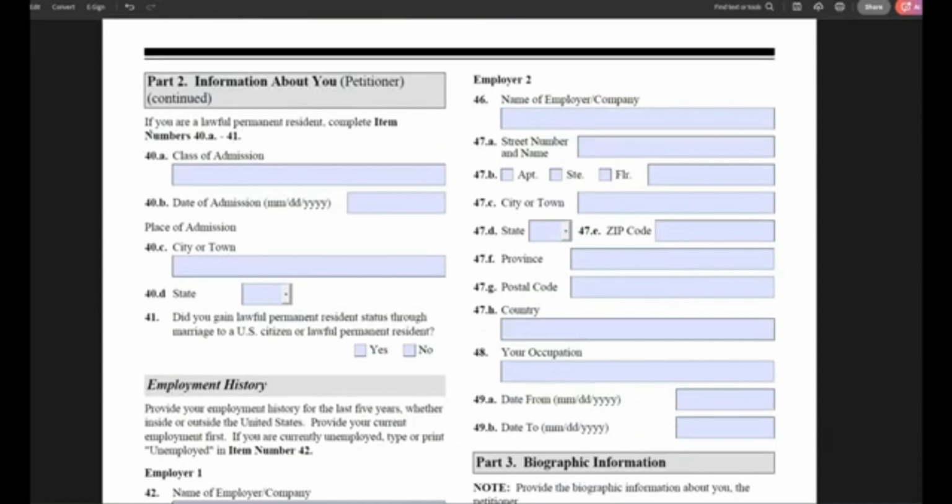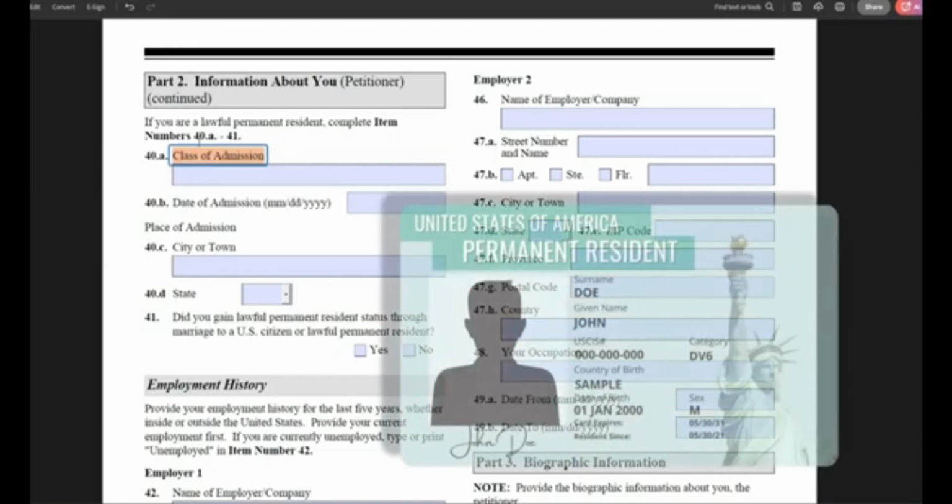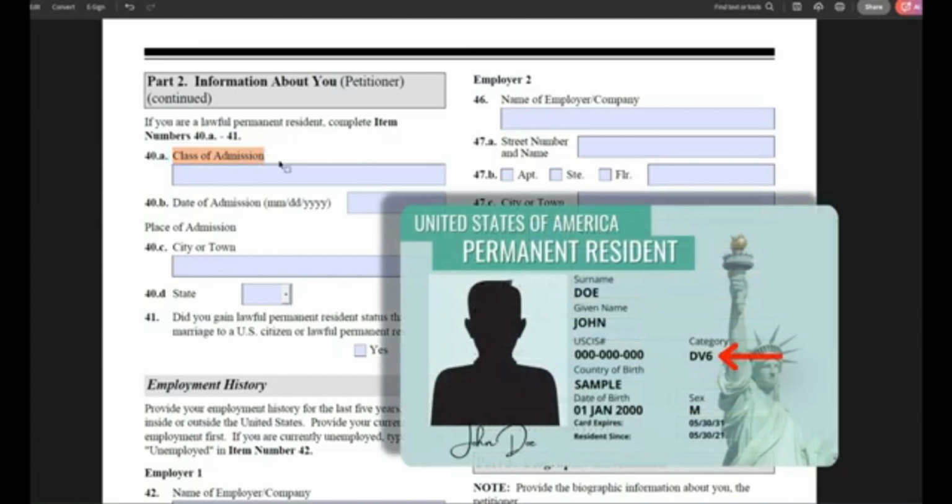Moving on. Answer questions 40A through 41 only if you are currently a lawful permanent resident. You'll need to indicate your class of admission. So this is not how you entered the US on what visa originally. This is asking for the alphanumerical code that is on your current green card.